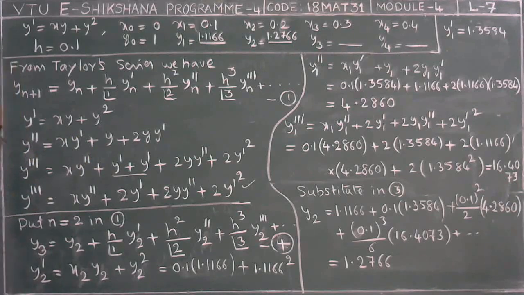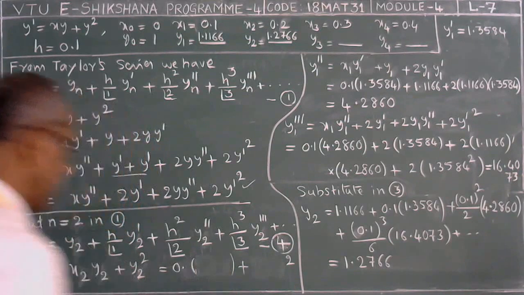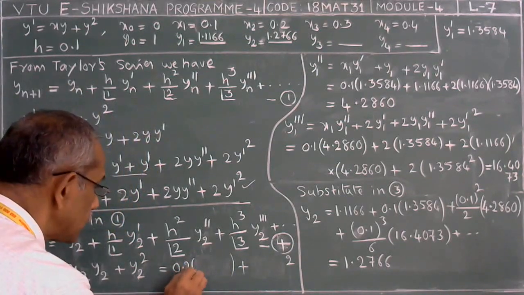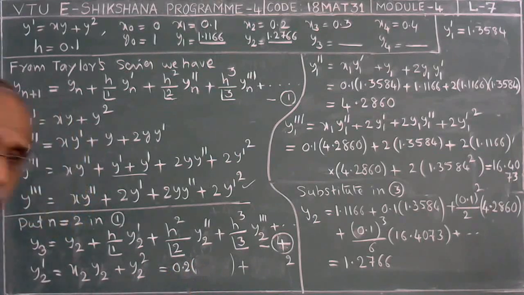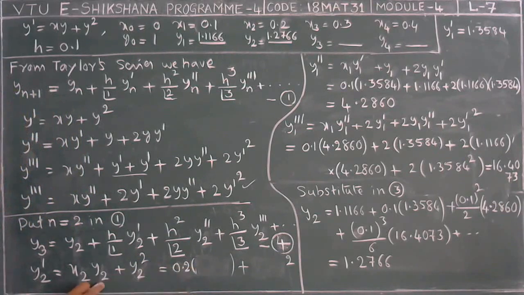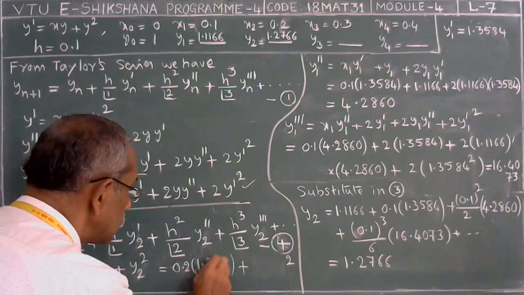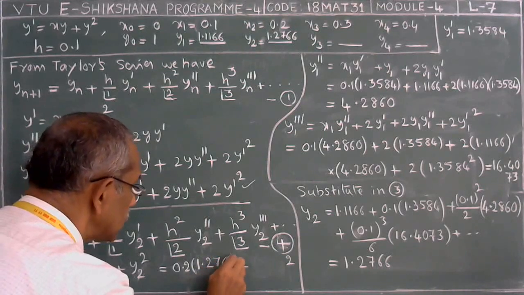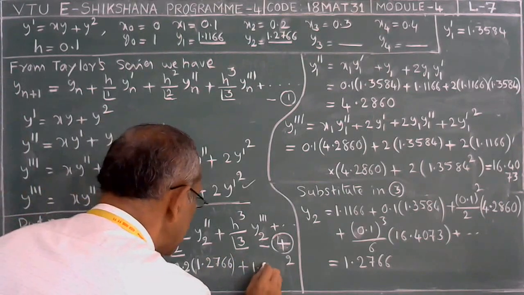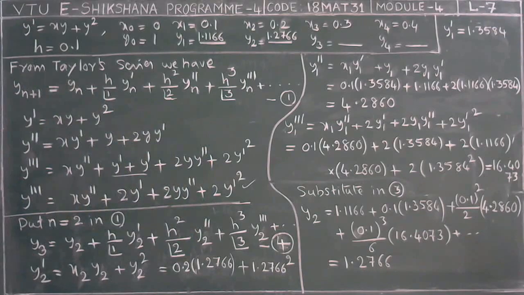Now let us substitute here. x2 is 0.2 into y2 is 1.2766 plus y2 square, 1.2766 square.